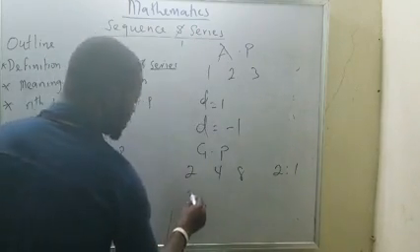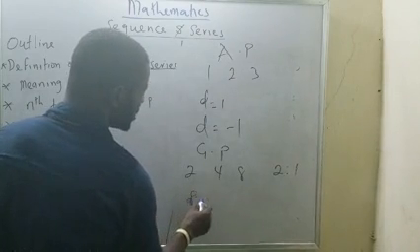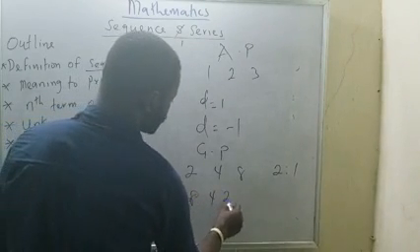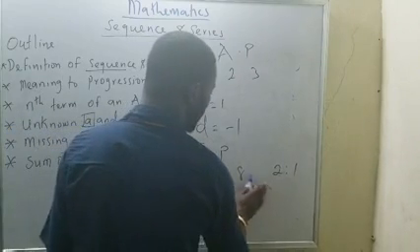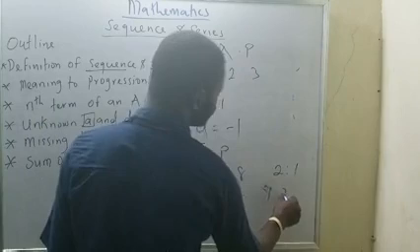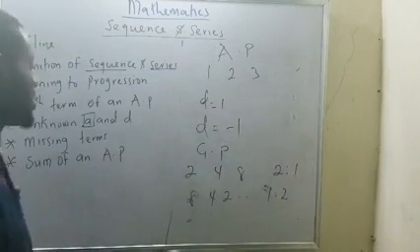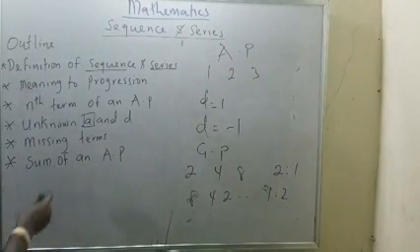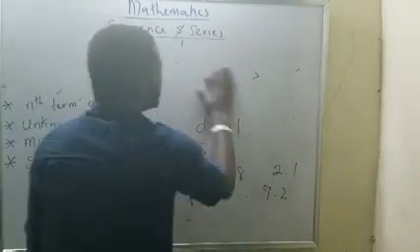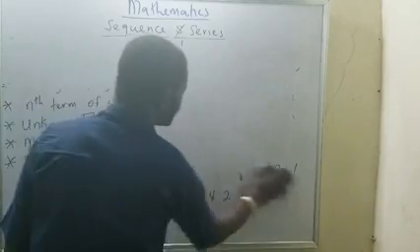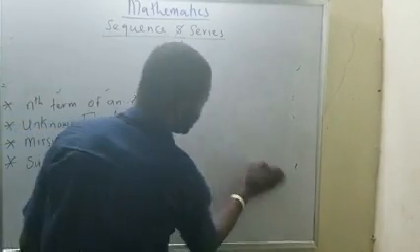But if it is like 8, 4, 2, and so on, it will be descending, and the ratio is 1:2. That is all you need to know as far as this is concerned. It means this part is gone. Now, let me quickly move on to arithmetic progression.